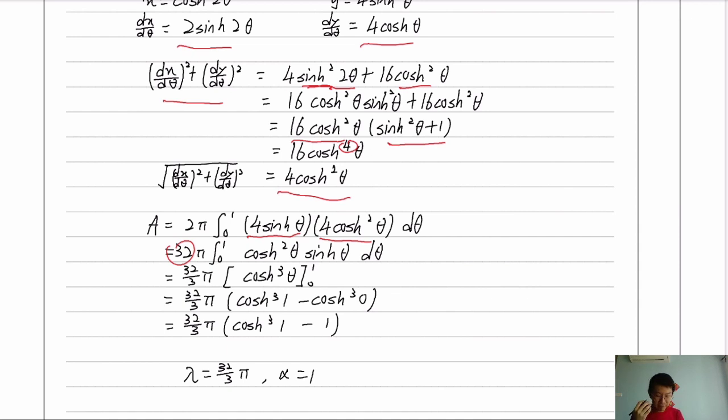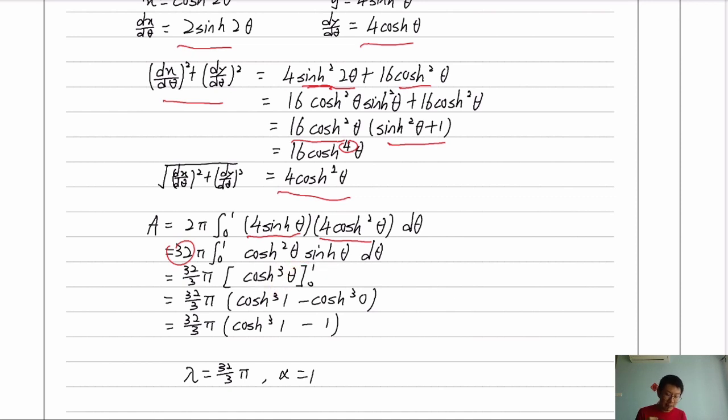We know we get this from differentiating cos power 3. Differentiating cos cubed will give us 3 cos squared and sine. So from there we use the substitution u equals cos theta to integrate.